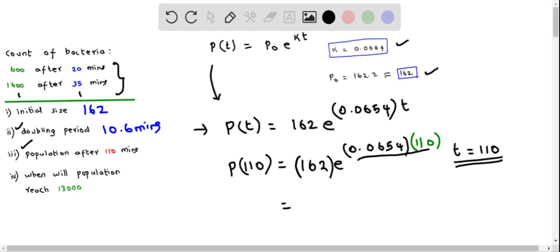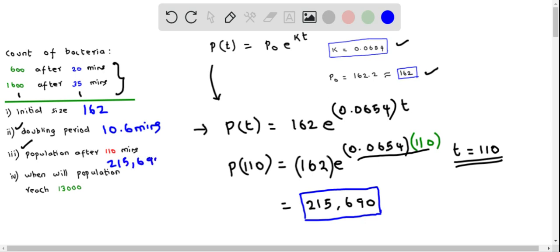And so when we do that, we approximately get 215,690. This is rounded to a whole number since this one represents the bacteria count. So therefore, the population after 110 minutes equals 215,690 bacteria. So here we can write 215,690.